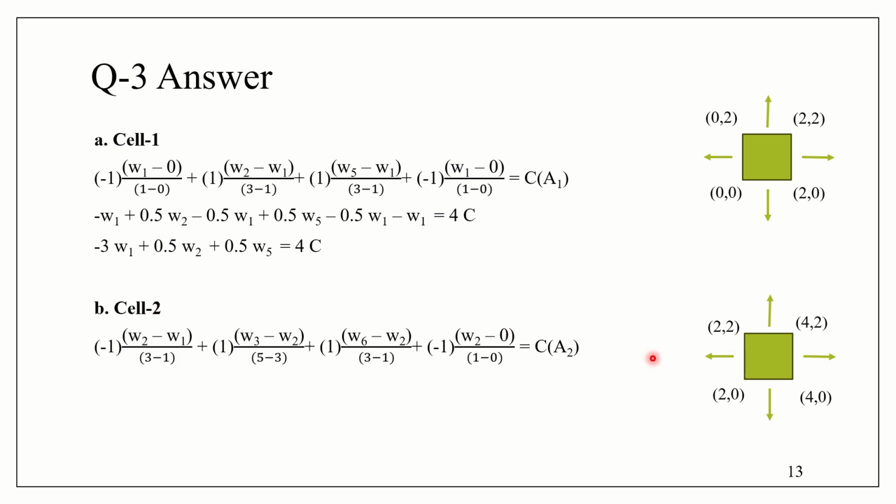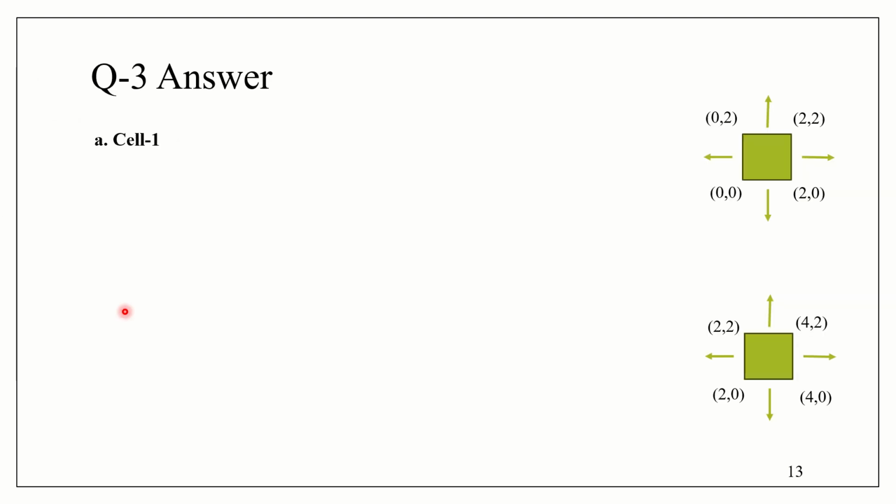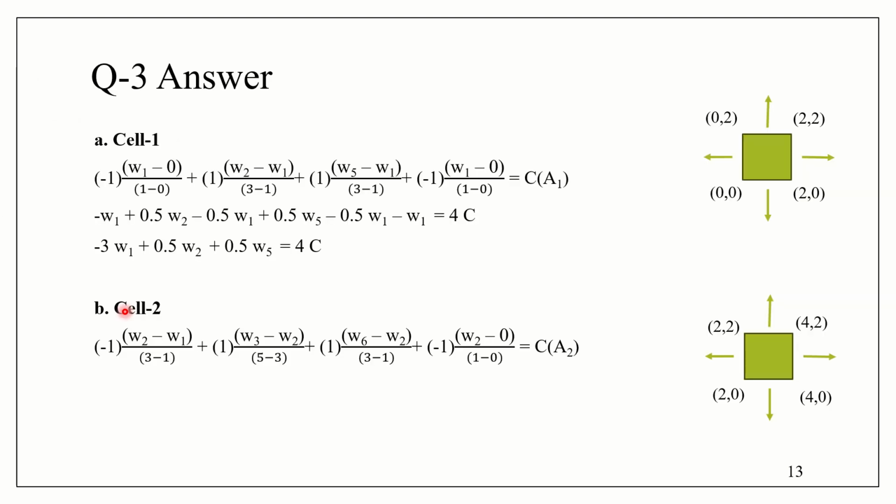We'll go from this -1. So here cell 1 is here and cell 2 is here. So W2 minus W1 and 3 minus 1. More precisely, W2 minus W1 with centroid 3 minus 1, and W6 minus W2 with centroid 3 minus 1.